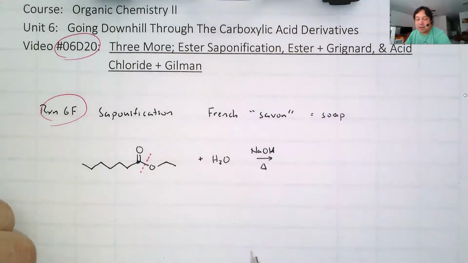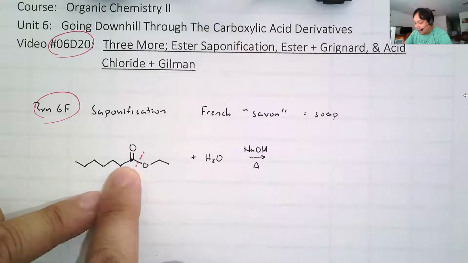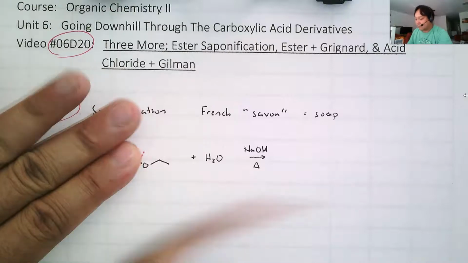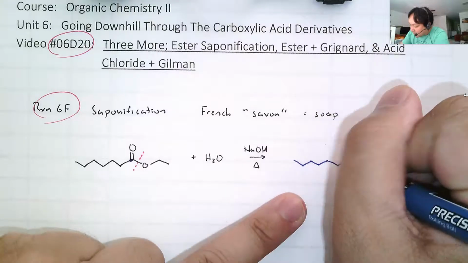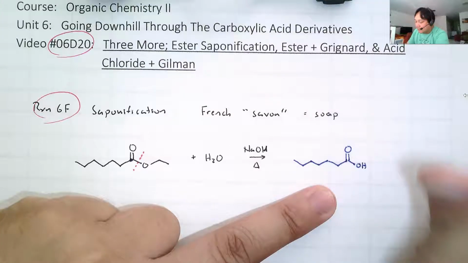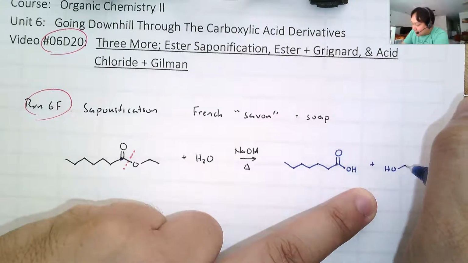Hydrolysis is where you add water to lyse the molecule. You can imagine that the water will come in here, and we're going to kick out this group here, which will ultimately become an alcohol. Now, with acid hydrolysis of an ester, what were the two products? The two products were a carboxylic acid and an alcohol.